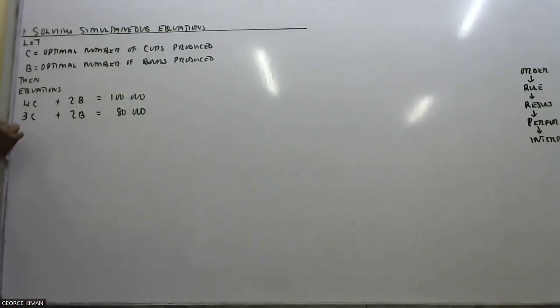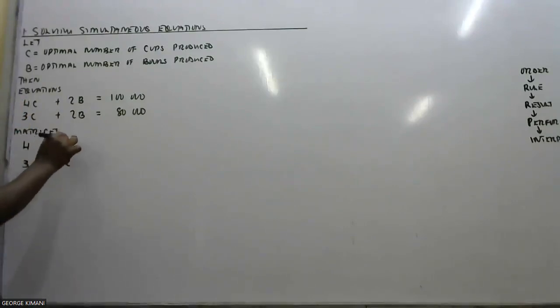Then you create matrices. Matrices are created by, first of all, grouping the coefficients, the numbers together. So we have 4, we have 2, we have 3, and 2 here, that way.